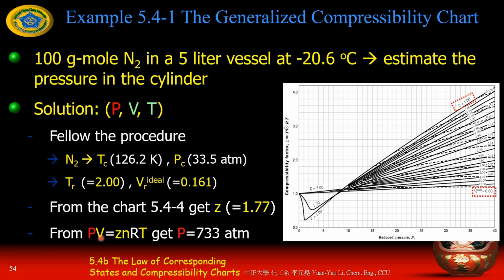R is a constant, so you can get P. The answer of P is 733 atm. This is huge pressure. So there's no way to use the ideal gas equation of state to get the answer. So in order to get TC, PC, I'm sure you know already. TR, VR, you know already.